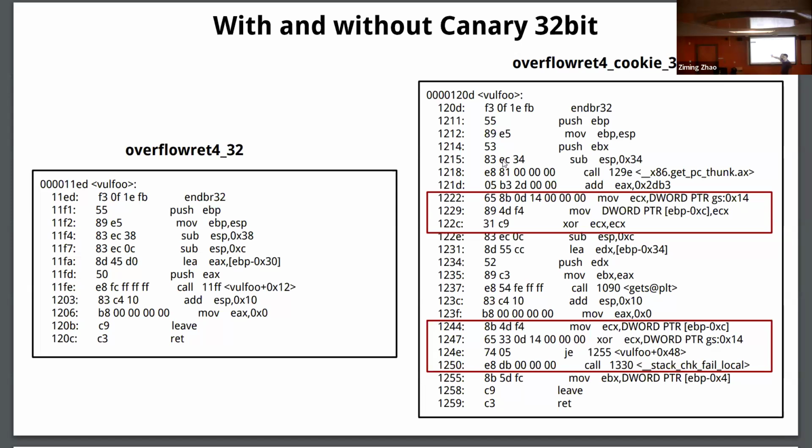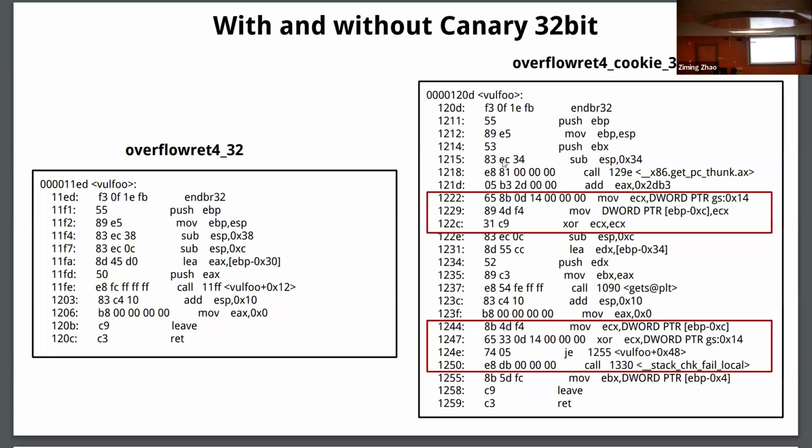This one is not protected with the stack canary. So we have this call to gets. Before that, we push the address of the buffer onto the stack, which is at EBP - 30. So you are already familiar with this. On the right-hand side, we have the stack canary protected version.